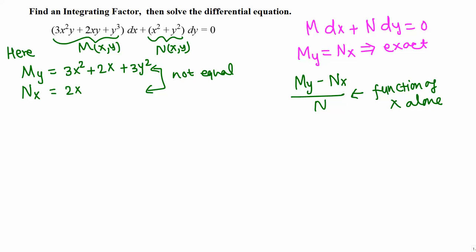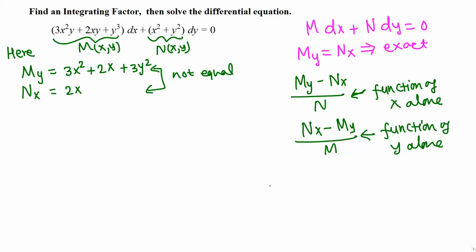If this is not a function of x alone, then we do it the other way around, (N_x minus M_y) over M. If this is a function of y alone, then e raised to the integral of this with respect to y will be the integrating factor, and we multiply this differential equation by the integrating factor. Okay, let's find the first.